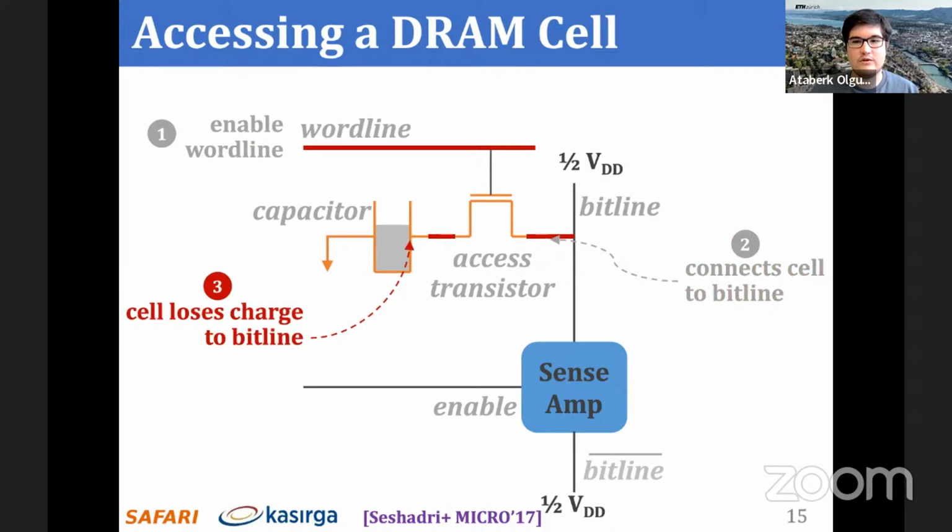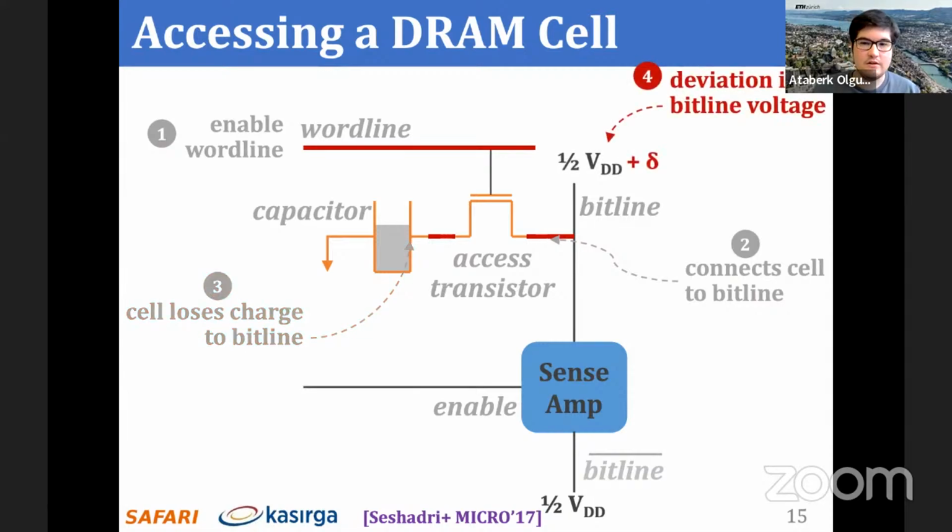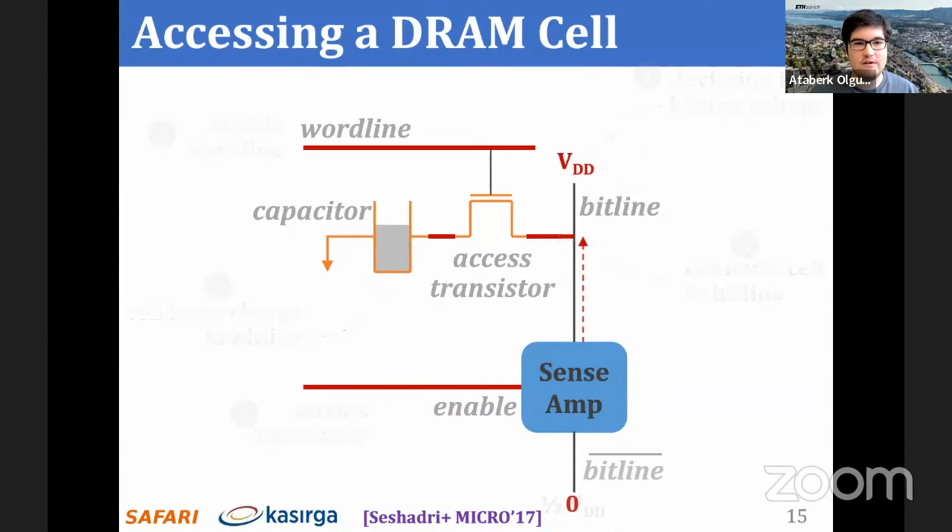Since the capacitor has a voltage level higher than the bitline, charge starts flowing from the capacitor to the bitline, and this results in the bitline voltage deviating slightly towards VDD. When we enable the sense amplifier, it compares the voltage levels of bitline and bitline bar and amplifies the deviation until the bitline voltage reaches VDD. Since the capacitor is still connected to the bitline, this process also restores the charge back to the capacitor.